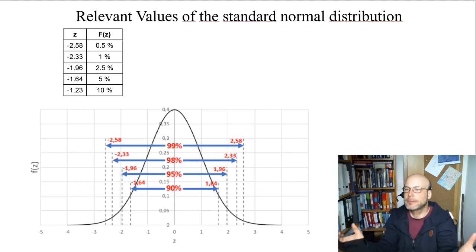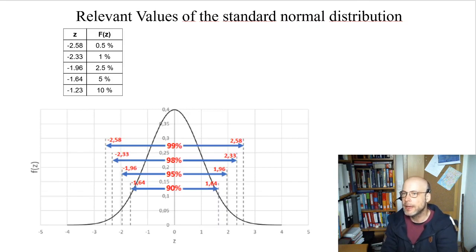And then quite often, if we go to significance, to hypothesis testing and so on, we talk about our hypothesis being true on a level of 99%, 95%, or failing with a probability of 10% and so on.